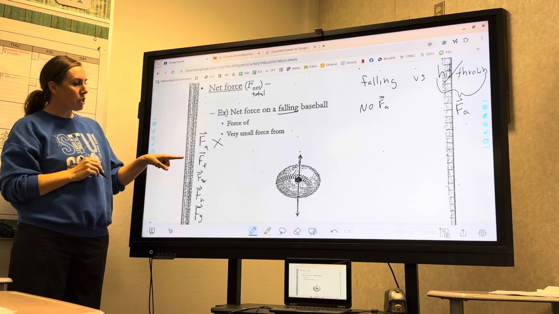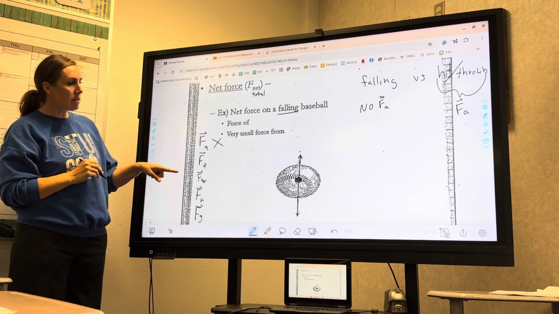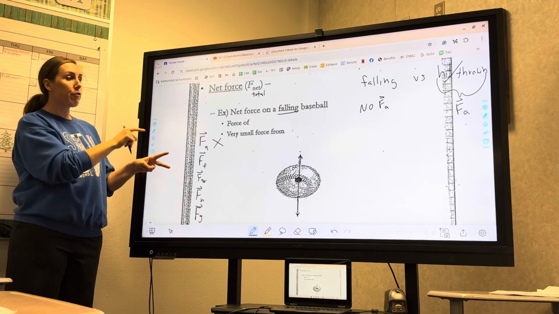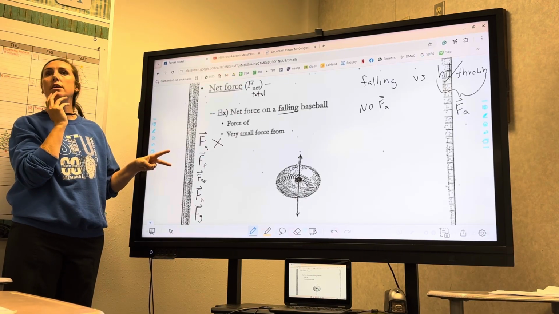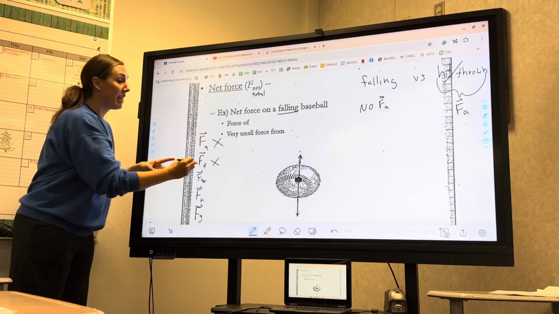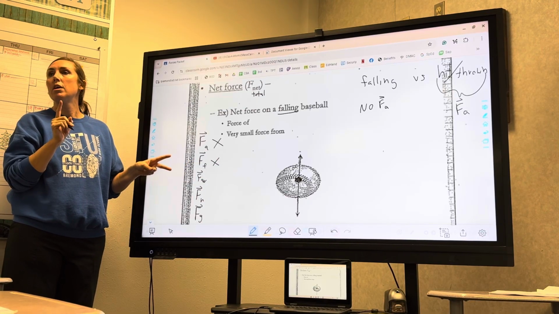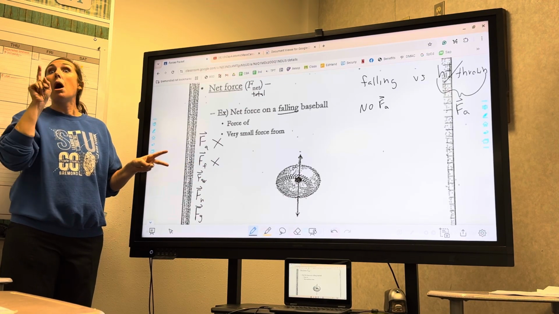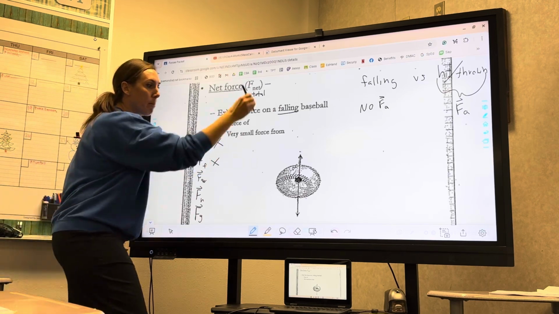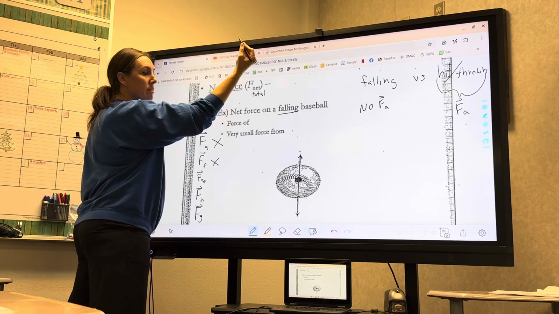Okay, friction. Friction and air resistance have to do with moving things. Friction, the ball has to touch something. Is there friction? No. Is there air resistance? Yeah. What direction? Down. You're up. Opposite motion. Good. So if the motion is down, air resistance is up.